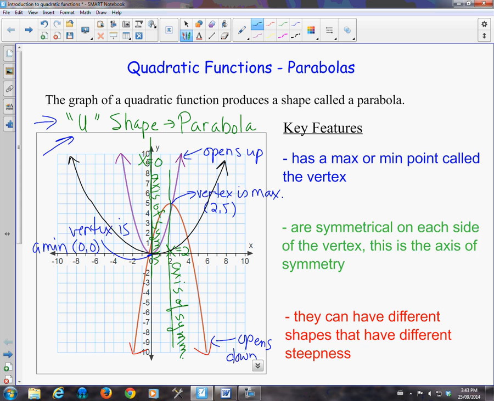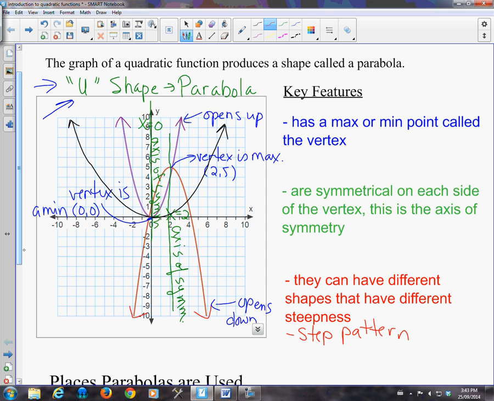It's going up more slowly. The steepness is affected by something called the step pattern. For the most basic parabola, our steps mean I go over 1 and up 1, and I go over 1 and up 3, and over 1 and up 5.